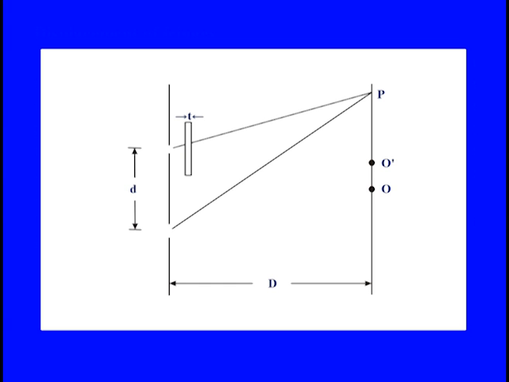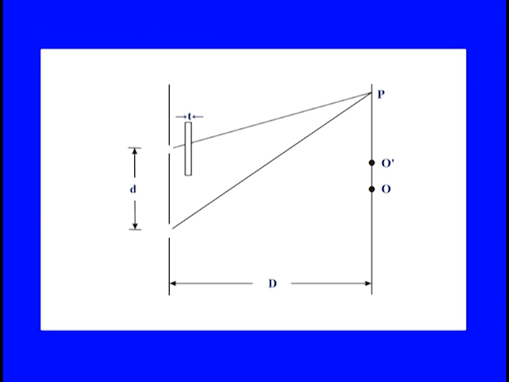Suppose t is the thickness of the transparent plate and it is introduced in the path of one of the interfering beams as shown in this figure. From the figure it is clear that a light wave travelling from S1 to P has to traverse a distance t in the plate, while the rest, S1P minus t, it traverses in air.